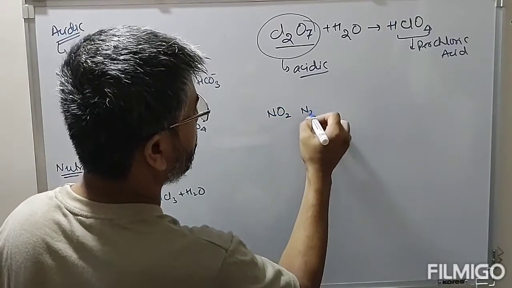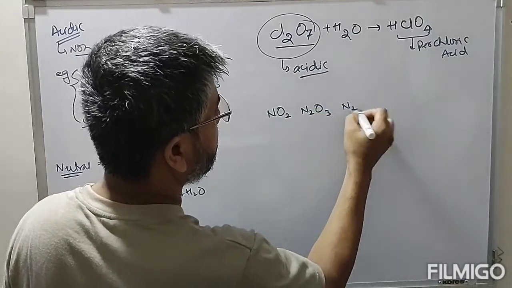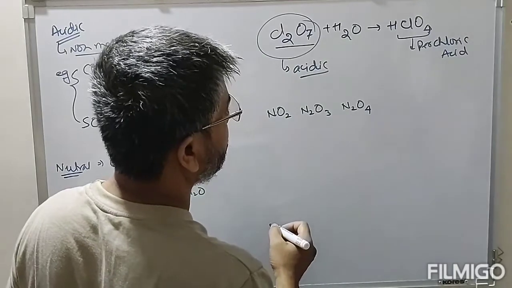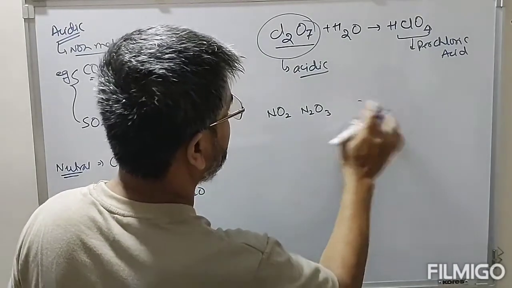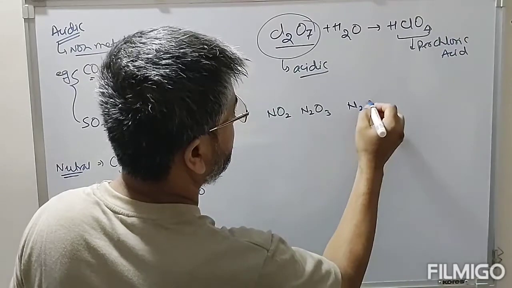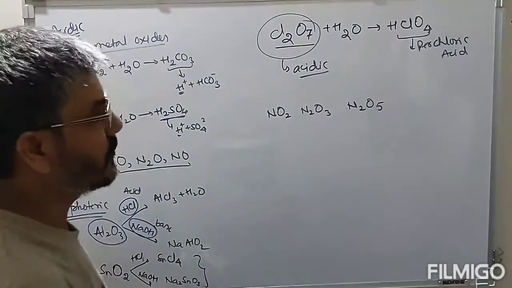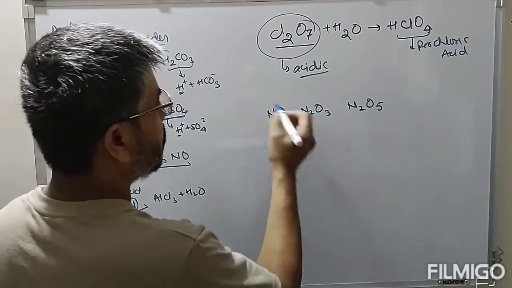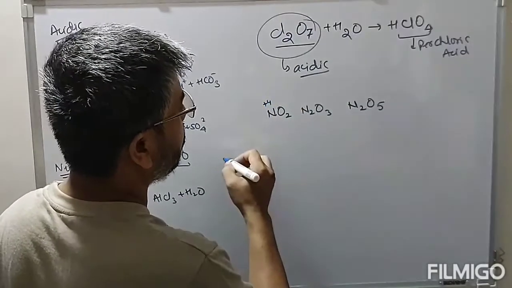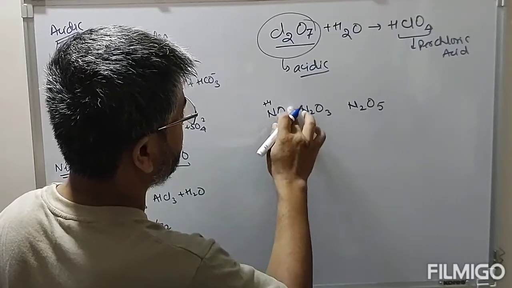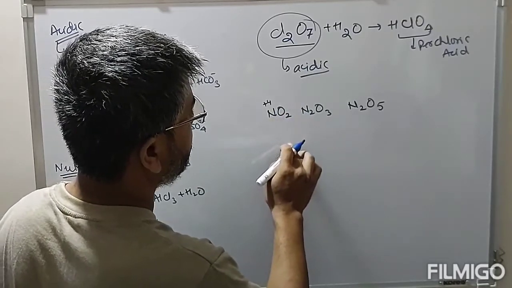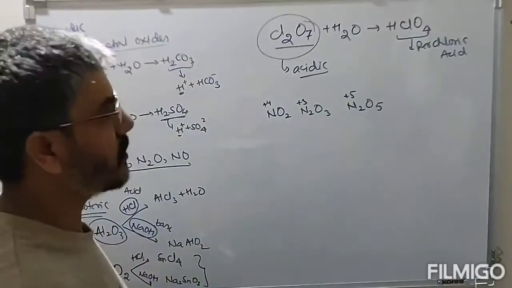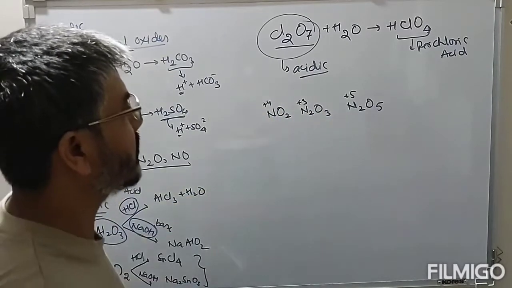Now look at this, we have NO2, N2O3, N2O4, N2O5. We have different oxides of nitrogen in different oxidation states, +3, +4 and +5.